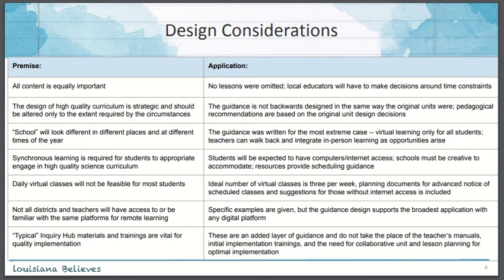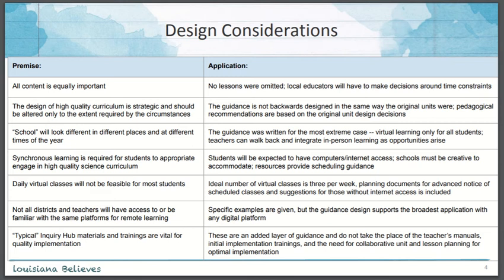In order for this high-quality science curriculum to be most effective, students need to engage in a live environment with teachers and their fellow students. And every effort should be made by school systems to ensure access to a device and internet for distance learning. This unit design is based on approximately 3 virtual classes per week.